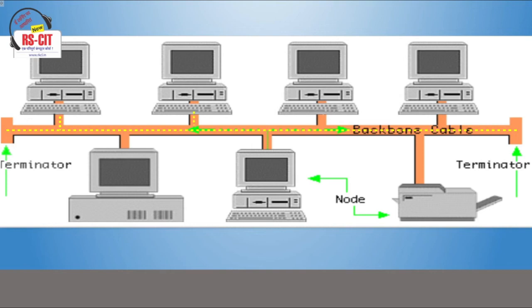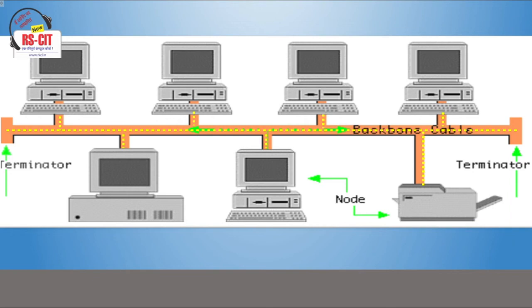Bus topology. In local area networks where bus topology is used, each node is connected to a single cable with the help of interface connectors. The central cable is the backbone of the network and is known as the bus, thus the name.